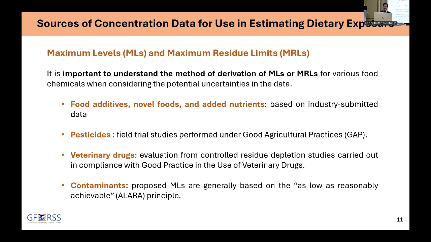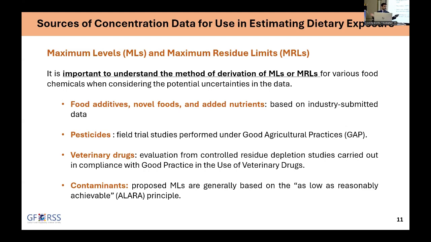They can be a good representation of a worst case scenario. Let's say we suppose that we have a very good implementation and enforcement of our regulatory provisions at the national level, okay? We are implementing this maximum level. So normally in an ideal situation, when we sample a food commodity and we analyze for this contaminant, in principle, we should not have a concentration above a maximum level, right?